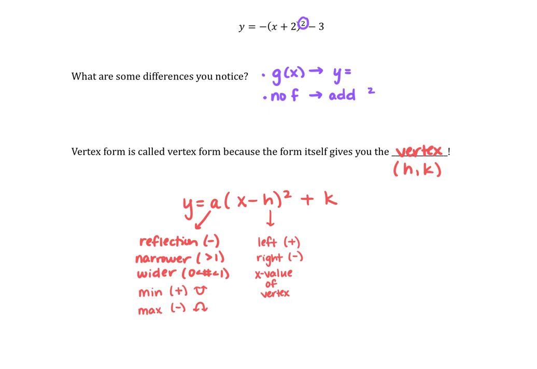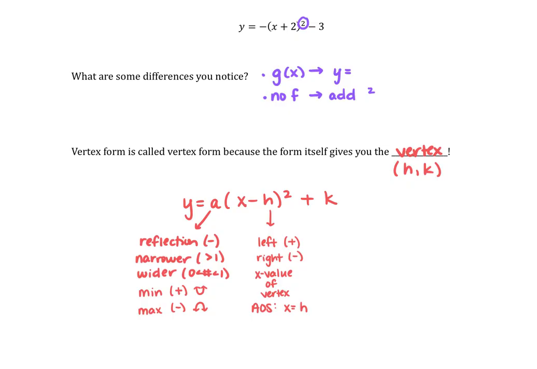It's opposite the value that it appears to be. Lastly, that h value can tell me my axis of symmetry. Remember, this is going to be x equals the x value of the vertex. So this is going to be x equals h.